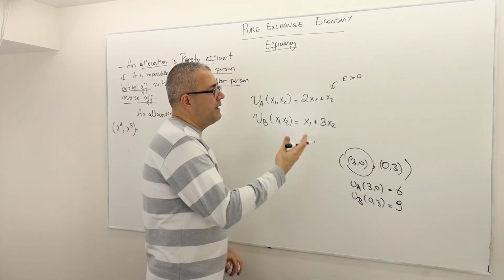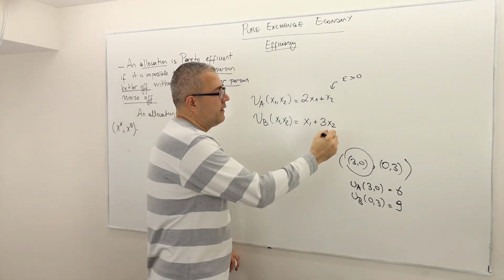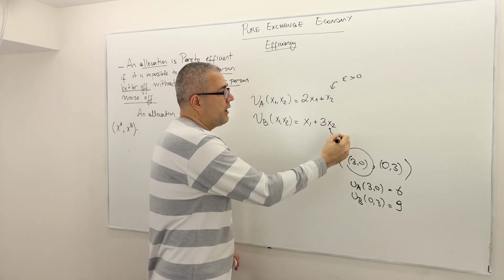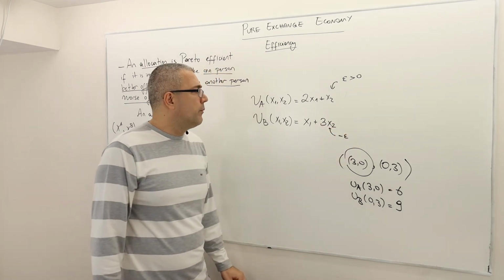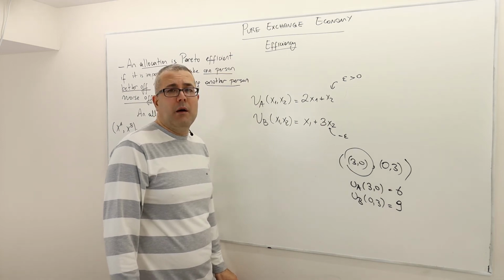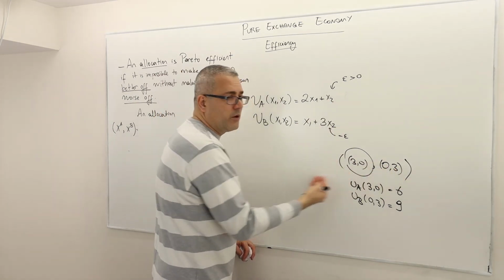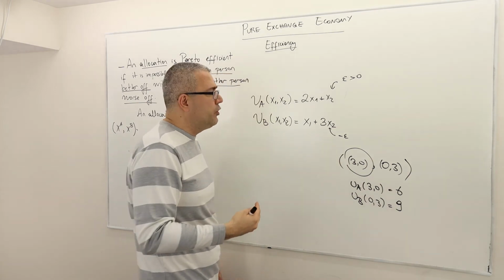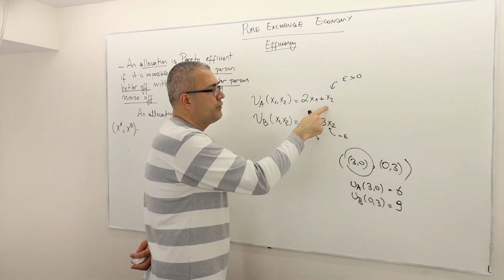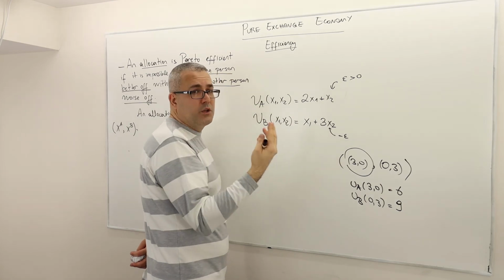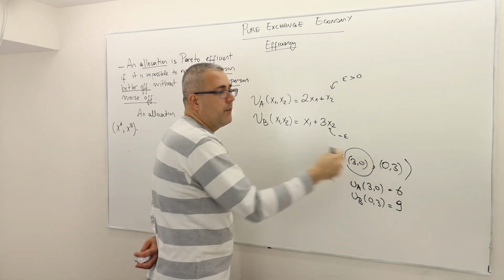What does that mean? That means I have to subtract some good 2 from Bob, because the total of 3 good 2 is already consumed. So if I'm giving additional good 2 to Anita, those good 2s are going to be coming from Bob.